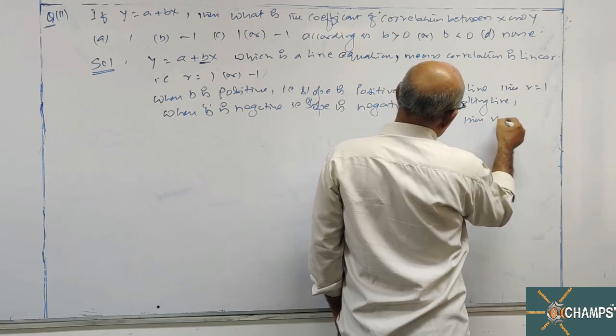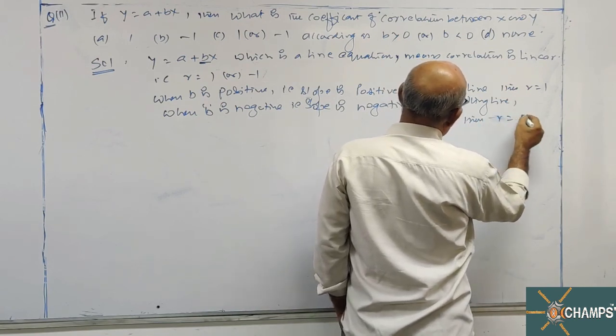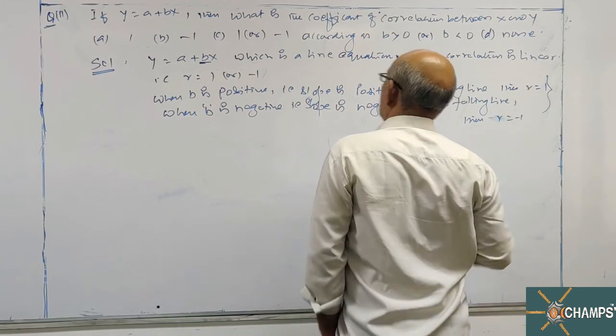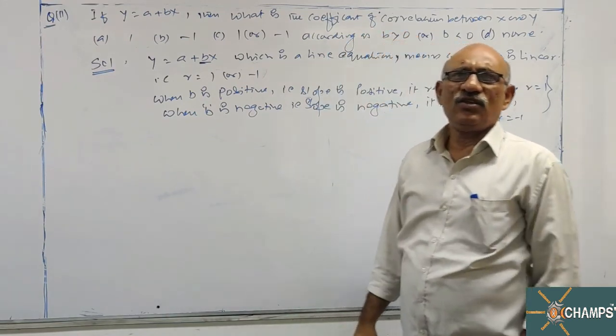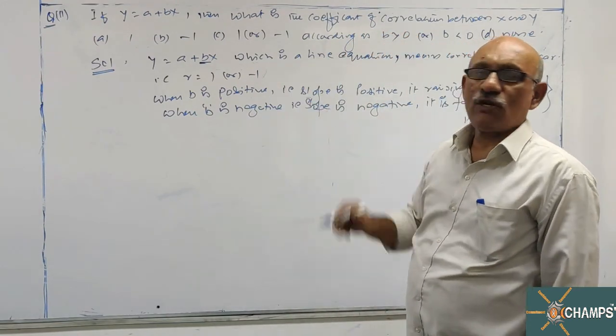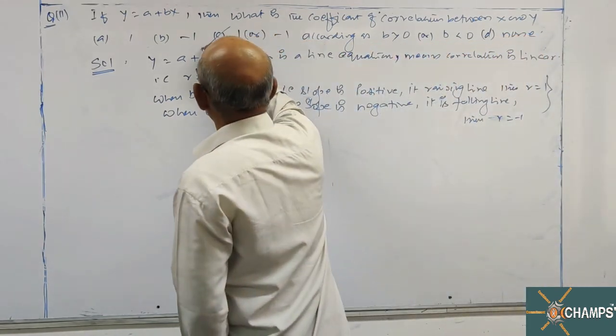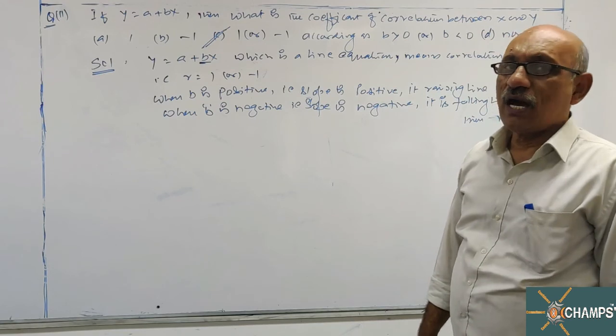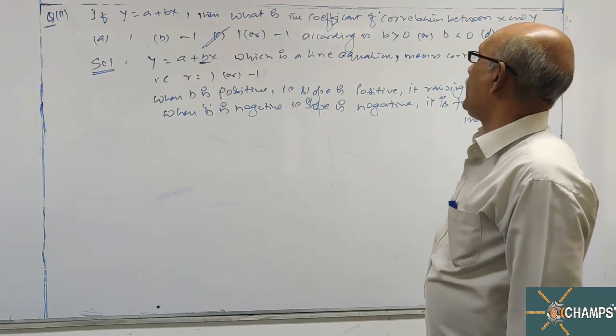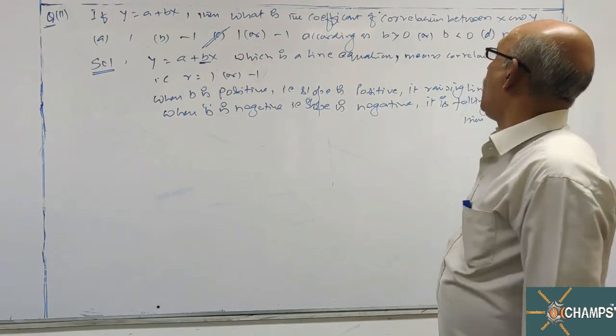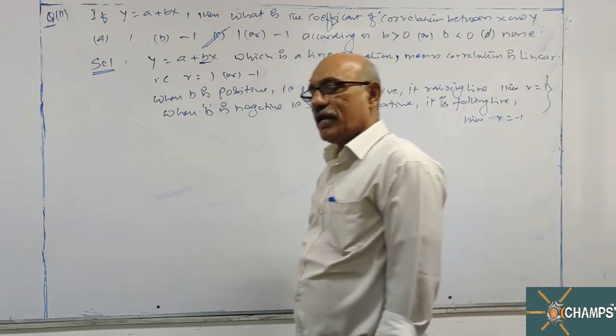Then R is equal to minus 1. So the decision is dependent on slope, b value. So option C is the answer to the given question. It may be a positive one or it may be a negative one according as b greater than 0 or b less than 0.